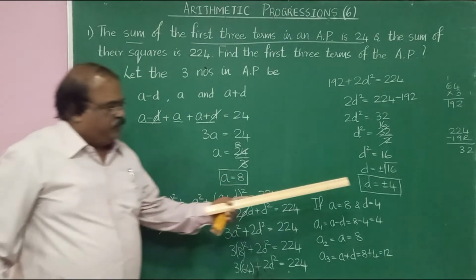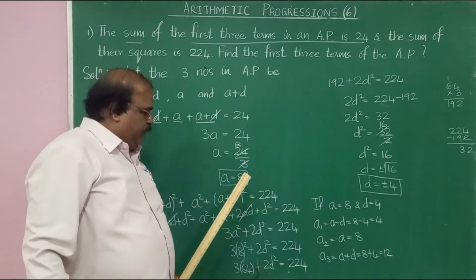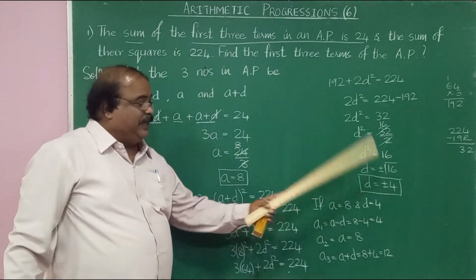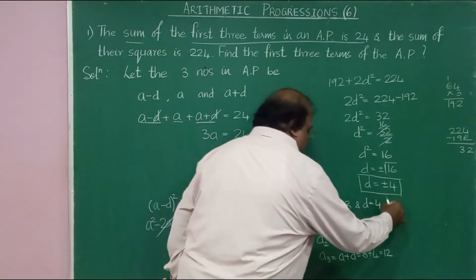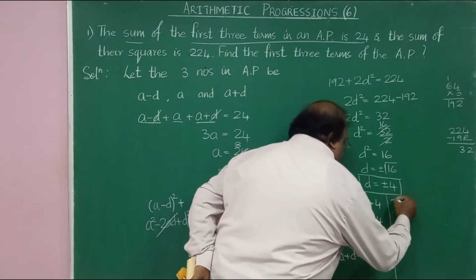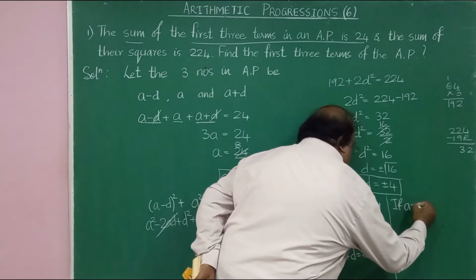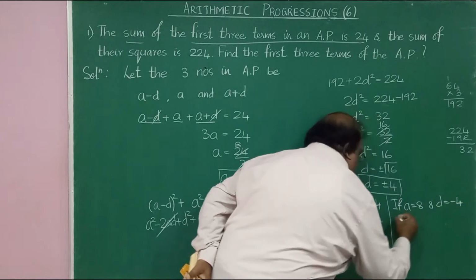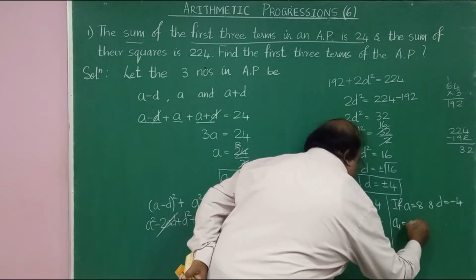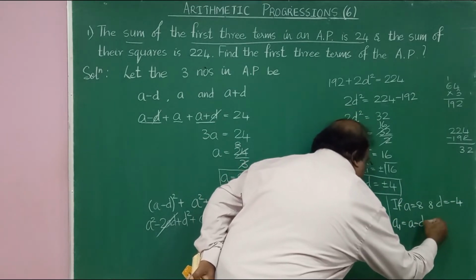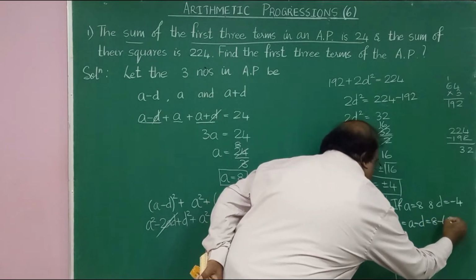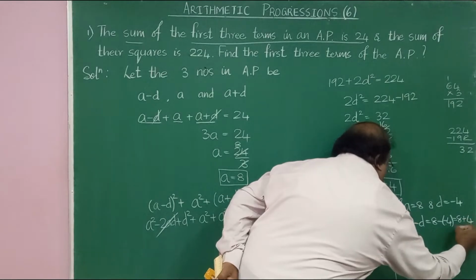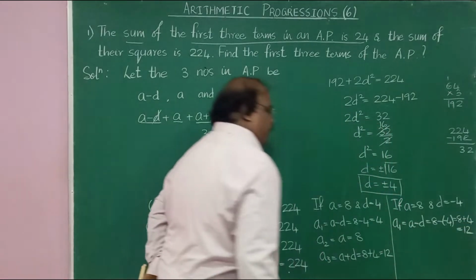There is another possibility. If I assume A as 8 and D as minus 4, then your first term now is A minus D, 8 minus of minus 4, that is 8 plus 4, which is 12.